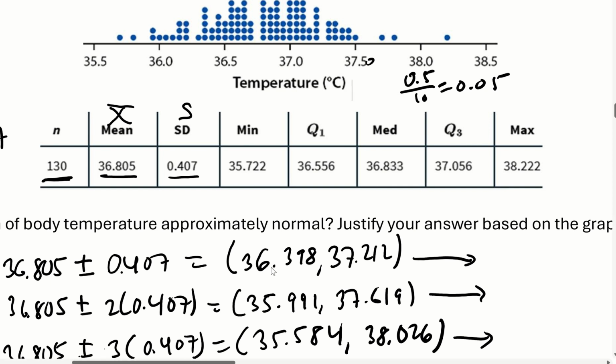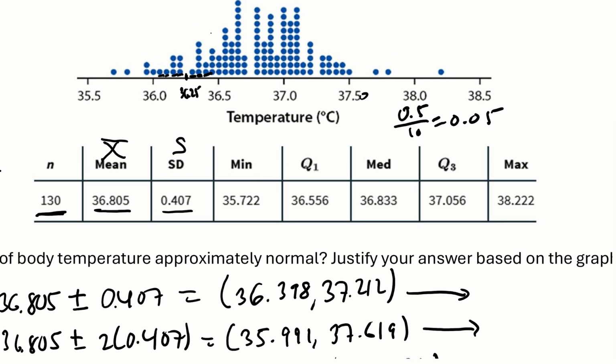So we want to go from 36.398. So this is 36.0. This is 36.05, 10, 15, 20, 25. This is 36.25, 30, 35, and 40. So we want to go past 35, right? Because 398, that's close to 0.40. So we want to go basically to that point and on.